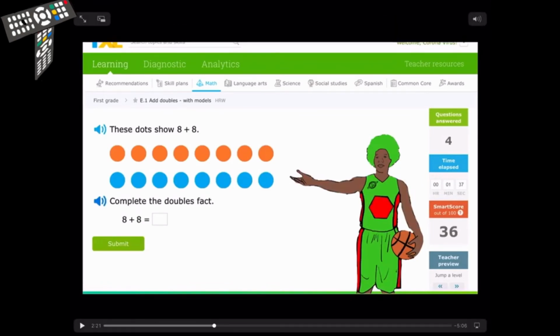Okay, so you see how, first of all, I started with something really interesting. There's music playing in the background, and then I have the audio, and I have myself in a picture right here, and I'm also walking the student through each step. These are the kind of things that special education students need. They need visual models, and they need explicit instruction as far as metacognition.